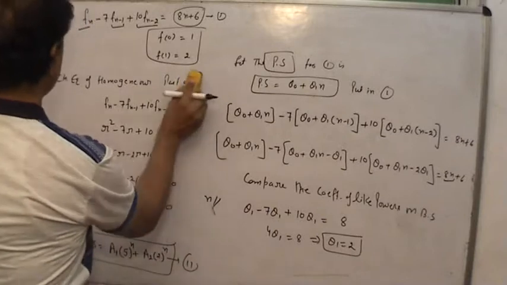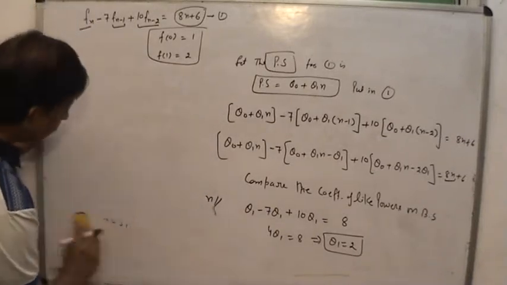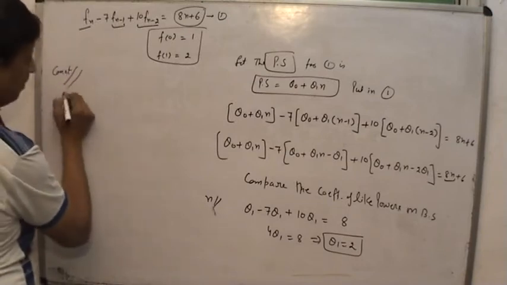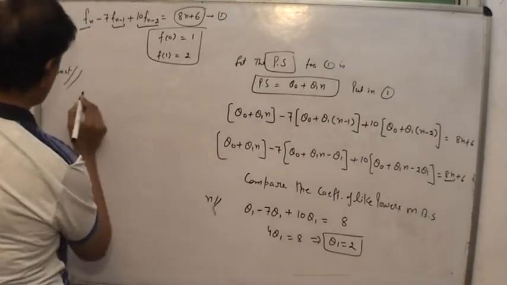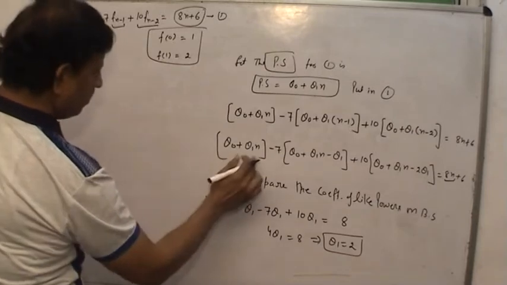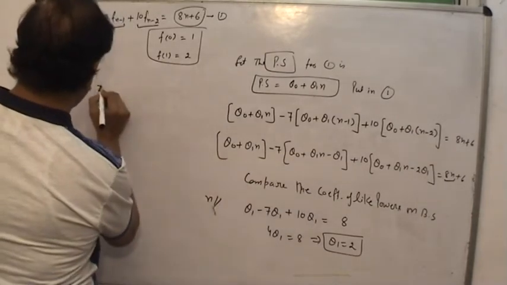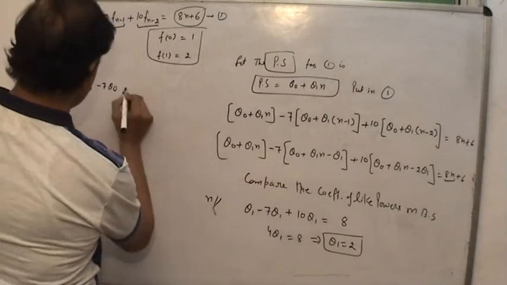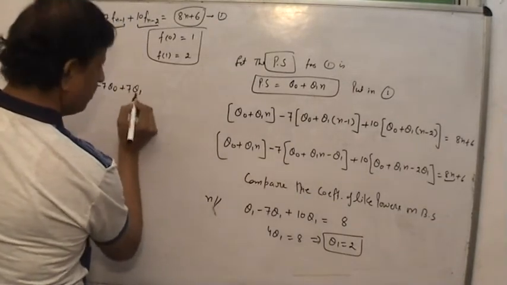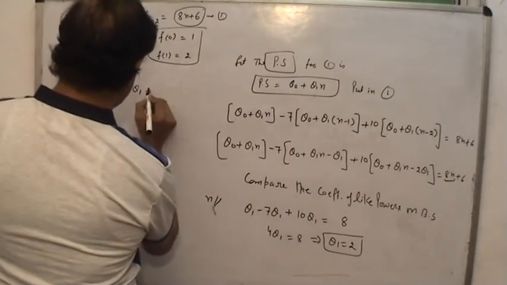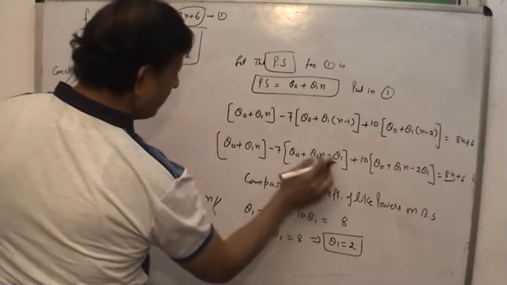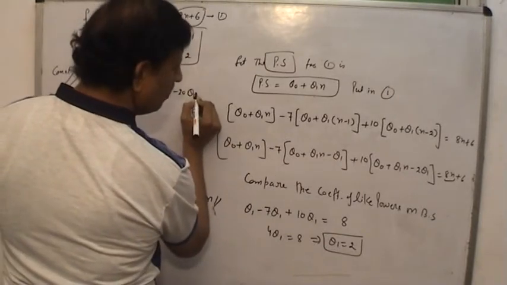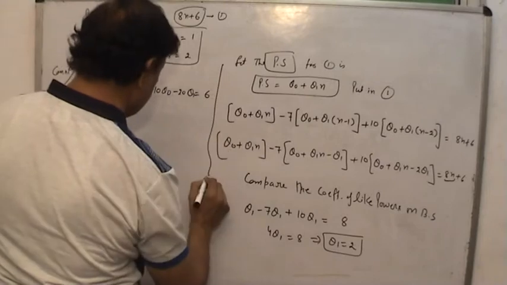Let's see. For the constant terms, here we count first constant term Q0, then minus 7 Q0 plus 7 Q1 plus 10 Q0 minus 20 Q1 is equal to 6.